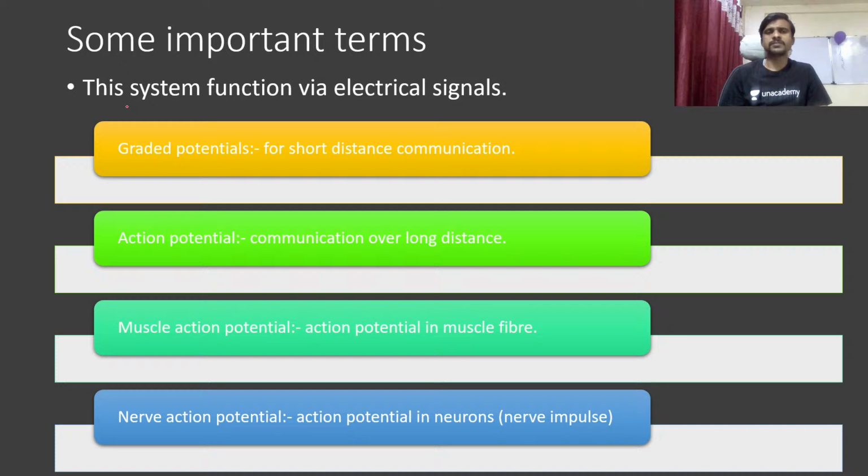So your nervous system functions via electric signals. Electric signals means these are nothing but the impulses. Okay, so these impulses are formed due to the potential difference.